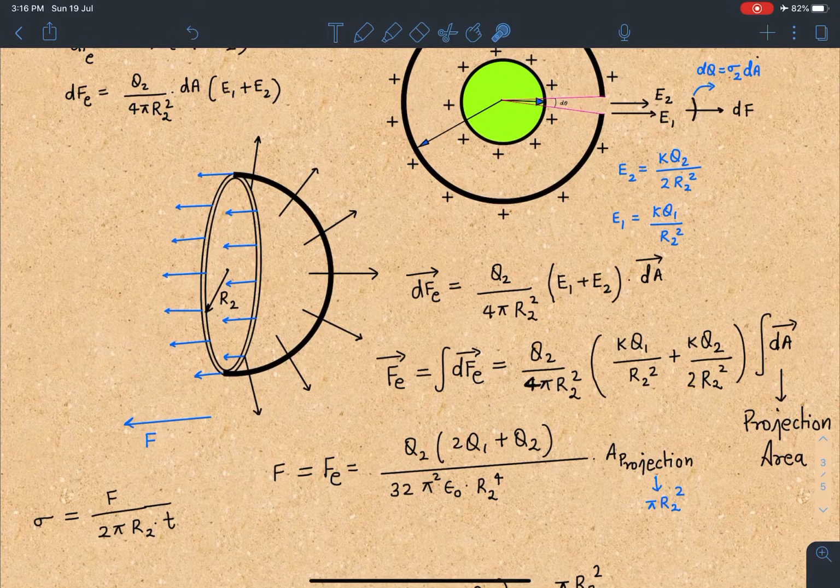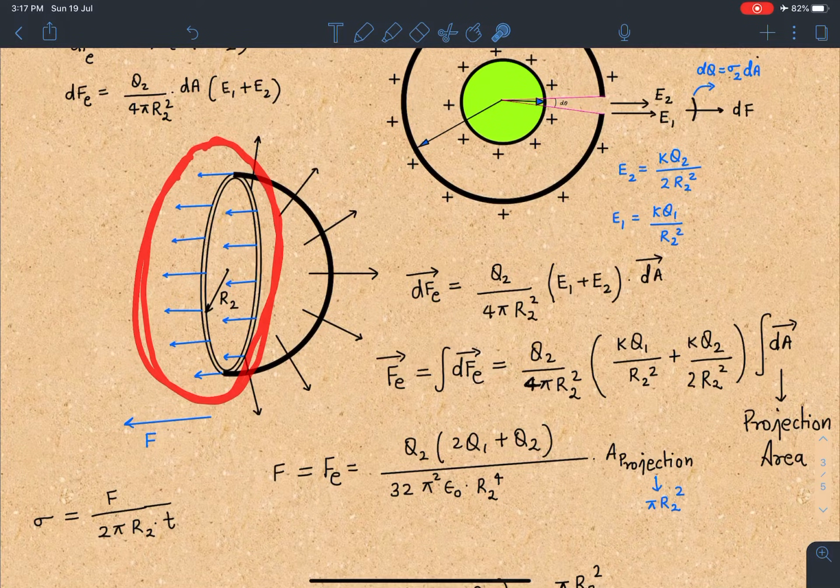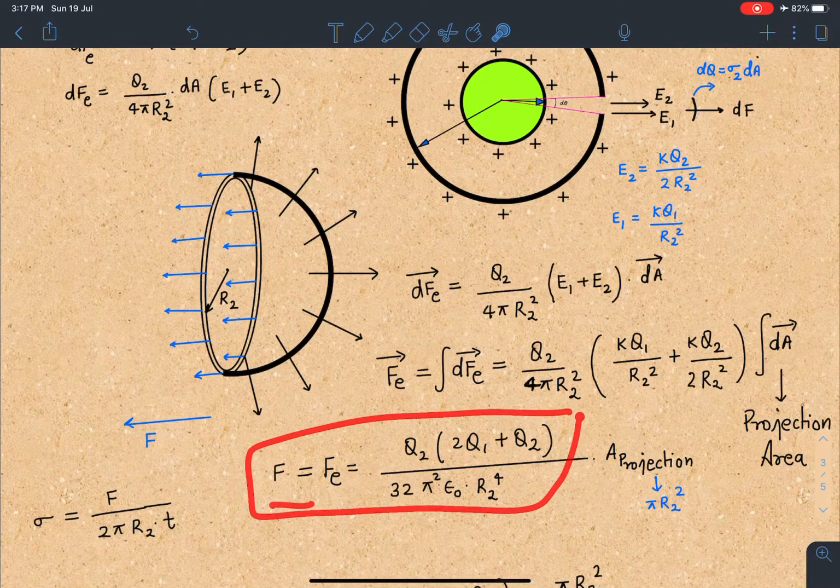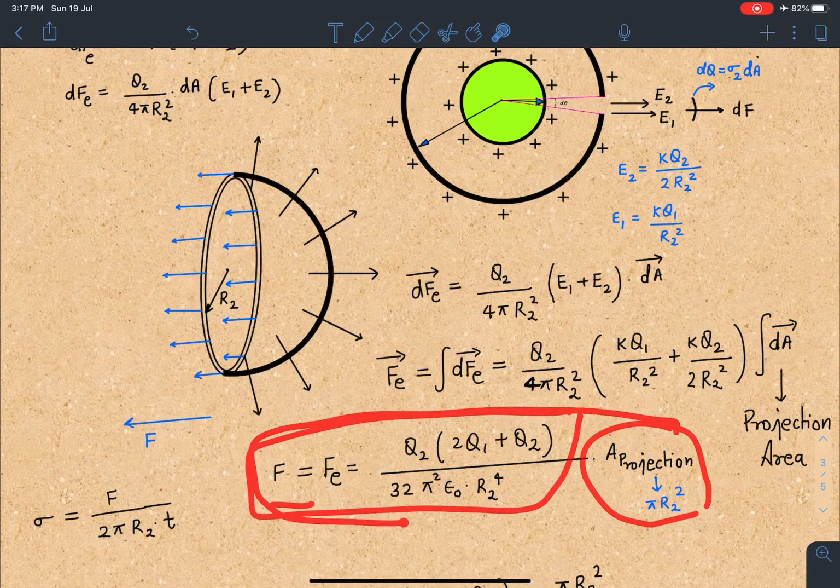So now I can say, since the hemisphere is in equilibrium, the force acting on the material part of the shell must be balanced by F electric. That is what I have written here, and now we know the value of it, because the projection area I am writing as pi r square. So this is the overall force which is acting. Now we are very close to the answer.